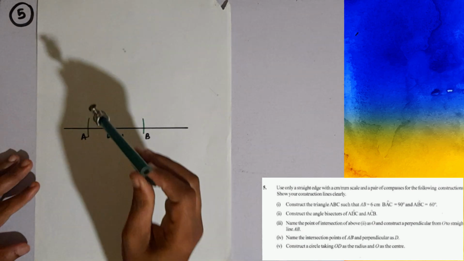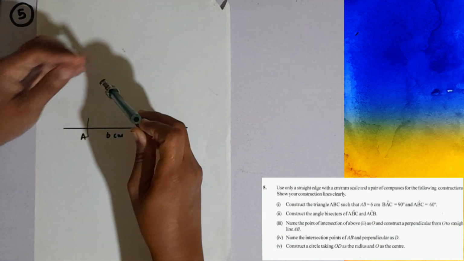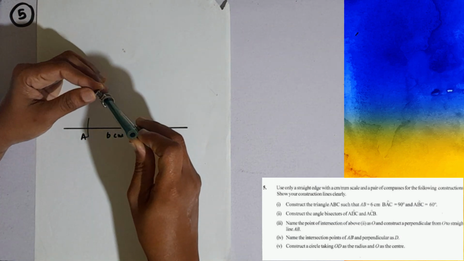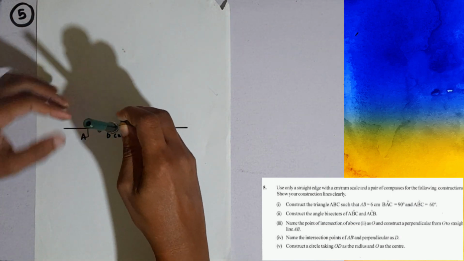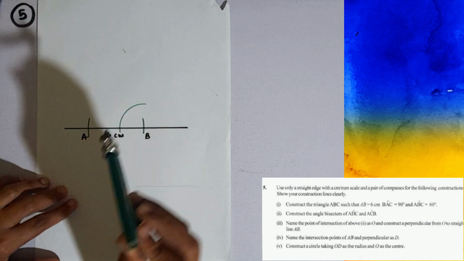Then we have to construct the angle BAC or ABC. First we will construct the angle ABC, 60 degrees. Keep the point of compass here and draw an arc by intersecting the straight line segment AB.